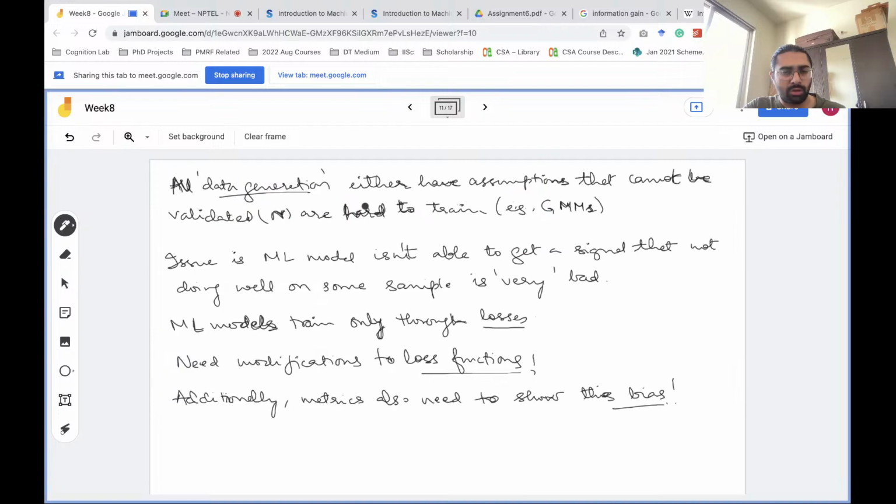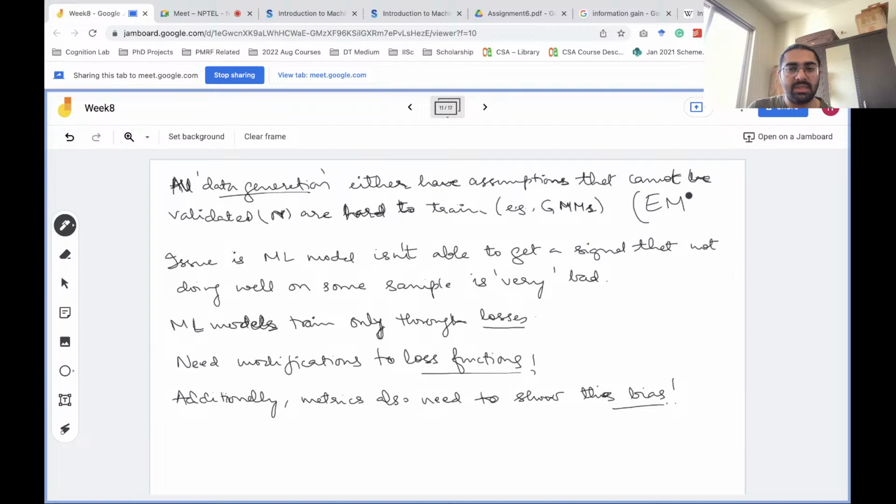So basically all of these methods have some assumptions which we can't even validate sometimes, or they have to train. For example, the GMMs require something called an EM algorithm, which also has the issue, like in neural networks, of getting stuck in local minima, local maxima. So hence it's possible that whatever you model the density as, it's not right in some sense. So we have all these issues in these methods.